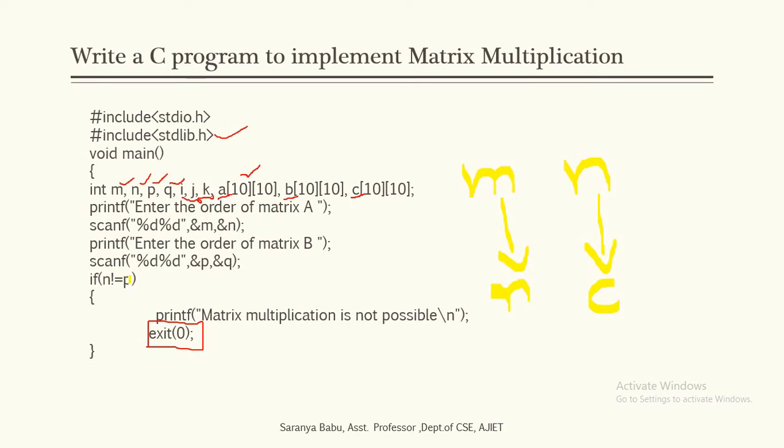If it is not equal, in the sense this condition is satisfied, then we mention that the matrix multiplication is not possible, and then we are terminating the program. That's why we have used exit(0) here. If n is equal to p, then this is the else part, and we will start the matrix multiplication process.